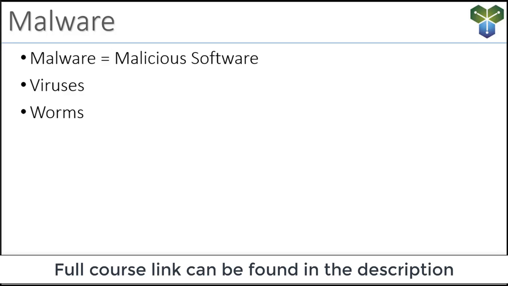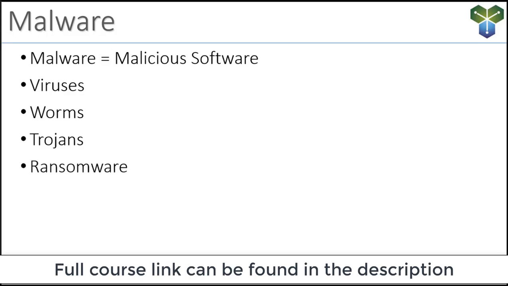There are also Trojans, and Trojans, much like the Trojan horse, are designed as legitimate software in order to trick users into installing it. And a good example of a Trojan would be some kind of application like a banking app that looks real, but actually is just there to steal your login information.